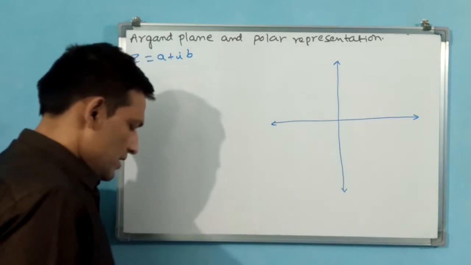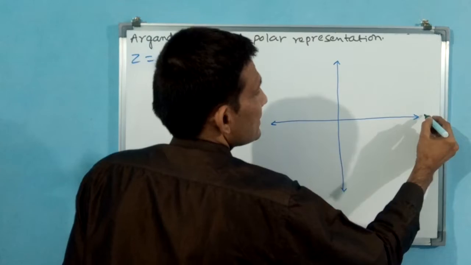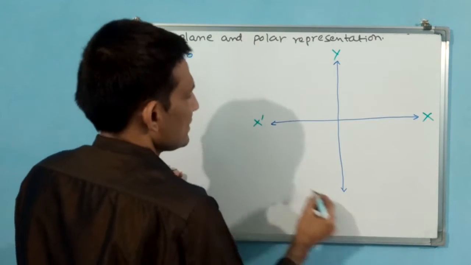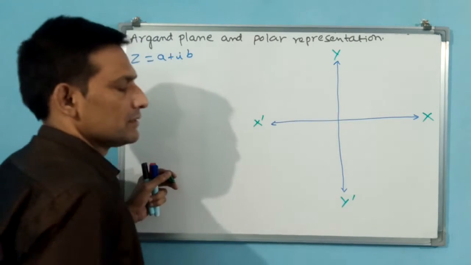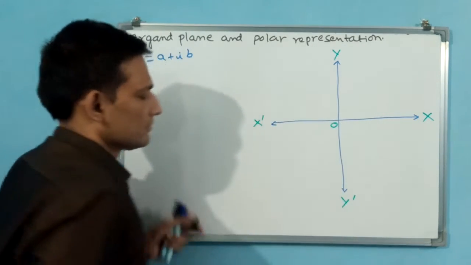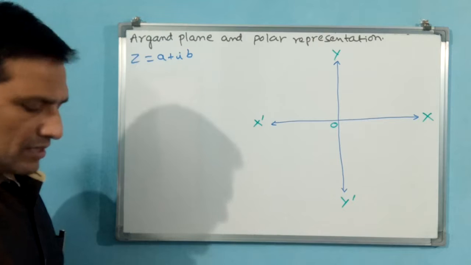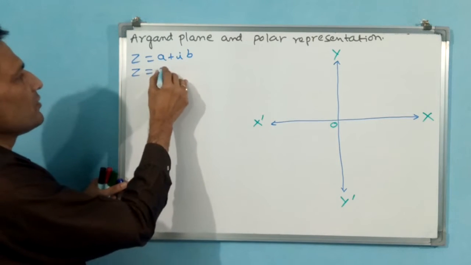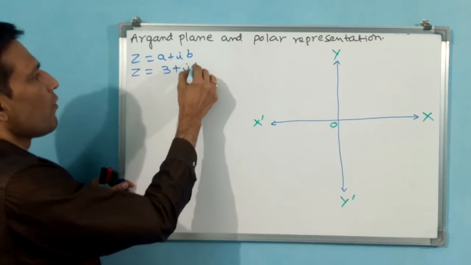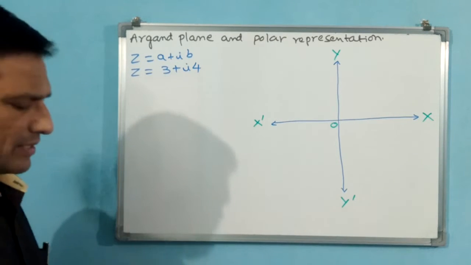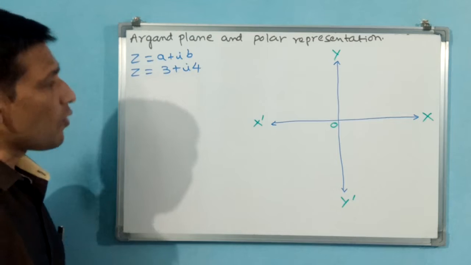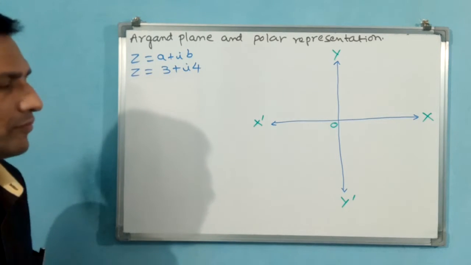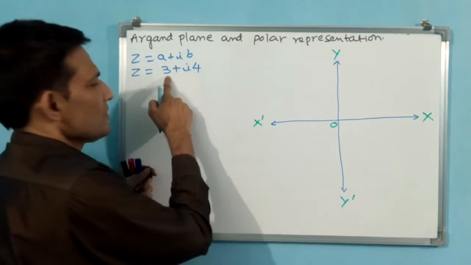Okay. See here, this is x, this is y. This is x dash, this is y dash. This is the origin. Now see, let us take z is equal to 3 plus i4, our standard notation. Now how I am representing this in this graph, you see.